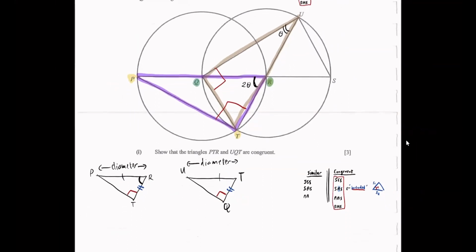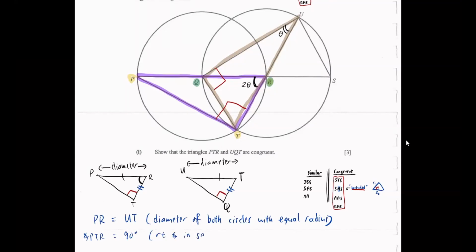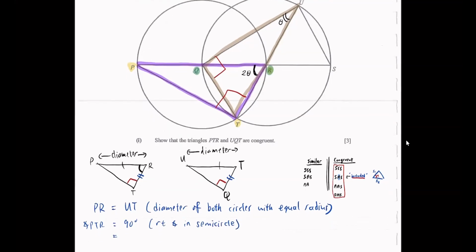Okay, so let's write it up nicely. So we can say PR is equal to UT because diameter of both circles with equal radius. Then we can also say angle PTR is equals to 90 degrees because of right angle in semicircle, which is also equal to angle UQT, right?